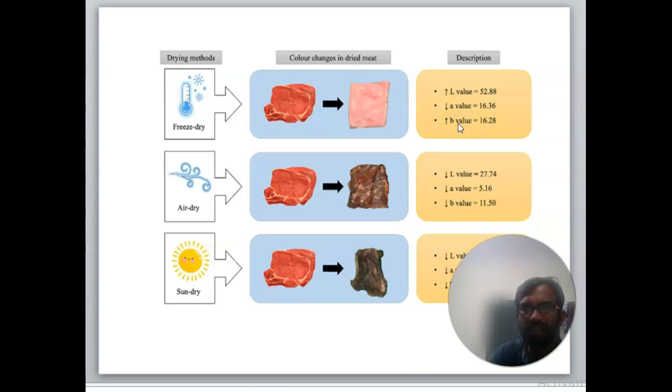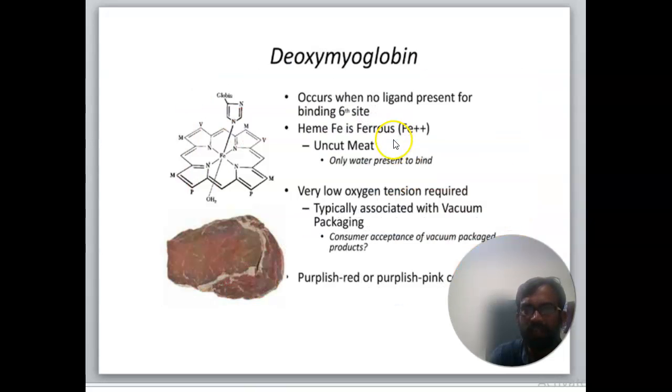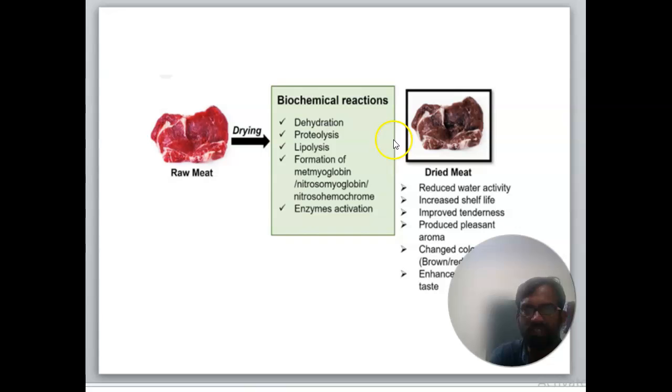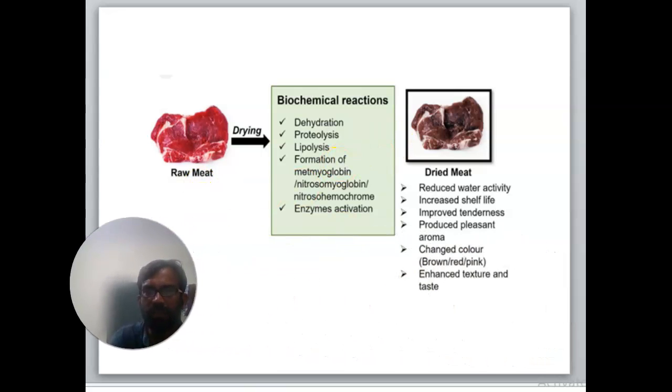These are the different factors in how the protein changes and the meat spoils. This is how raw meat, drying, and the biochemical reactions occur: dehydration, proteolysis, lipolysis, formation of metmyoglobin, nitrosomyoglobin, enzymatic activity, and then the dried meat.